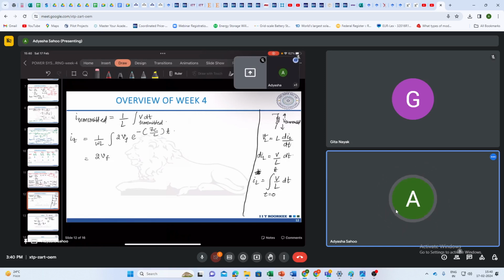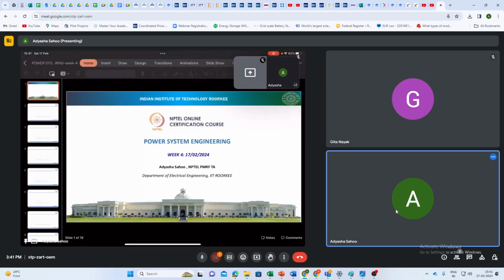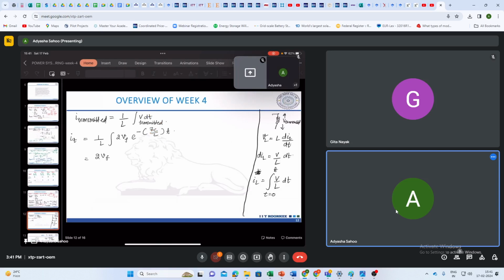Omega is not coming here, sorry. So it is 2V_F by L integration e^(−(Z_C/L)t) dt from 0 to t.